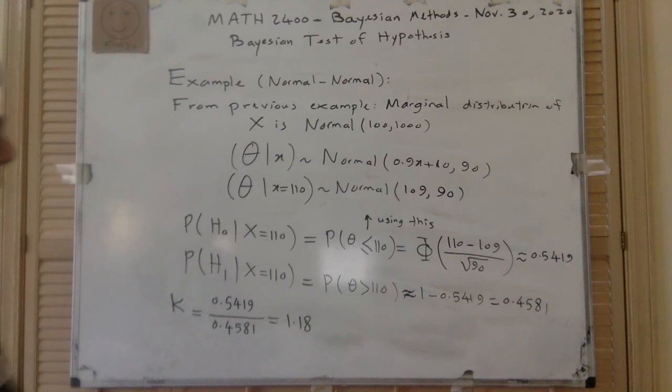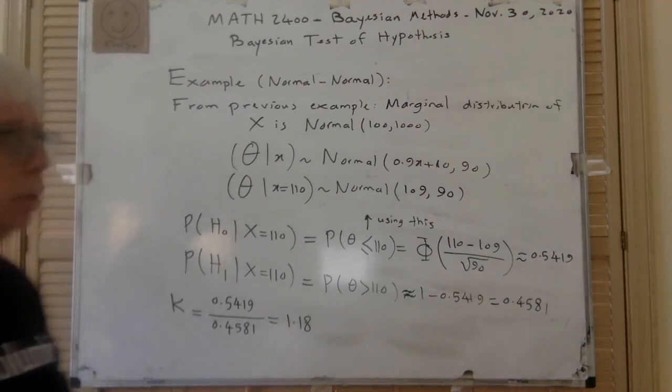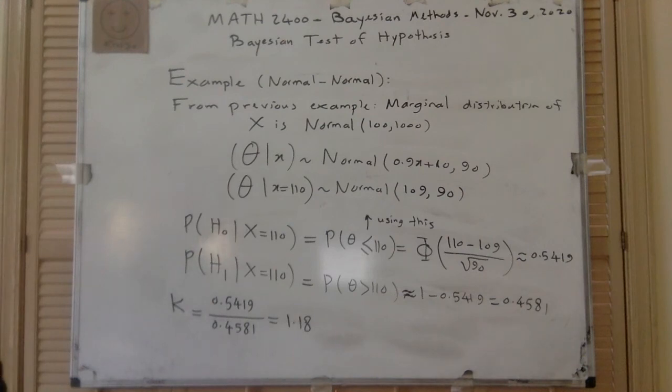So based on this, we can say there's slight evidence to accept H0. Okay, so that's how this works.